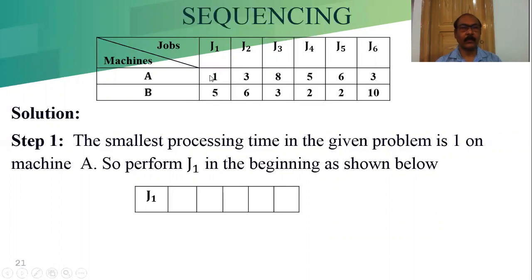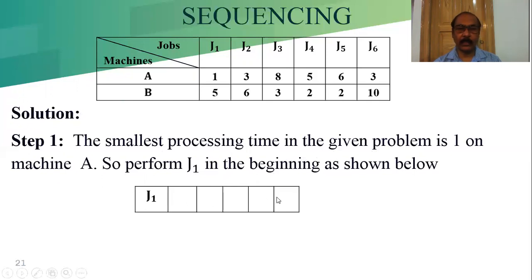So first we got 1 as the minimum for machine A, for the job J1. So J1 should start first in the processing sequence. It is first processed through machine A, then through machine B. The smallest processing time in the given problem is 1 on machine A. So perform J1 in the beginning as shown below.